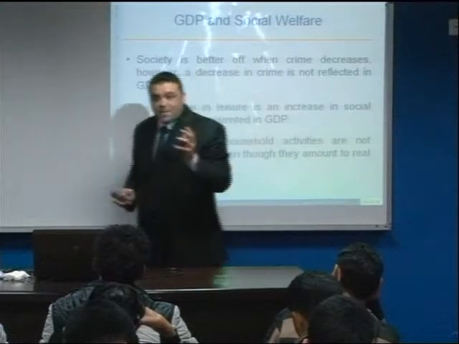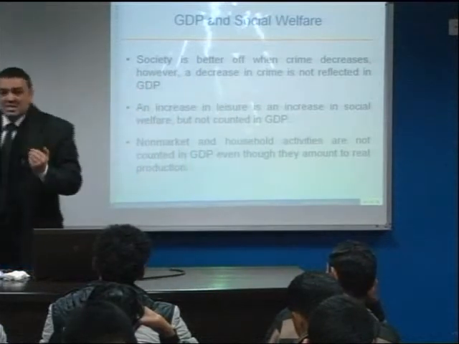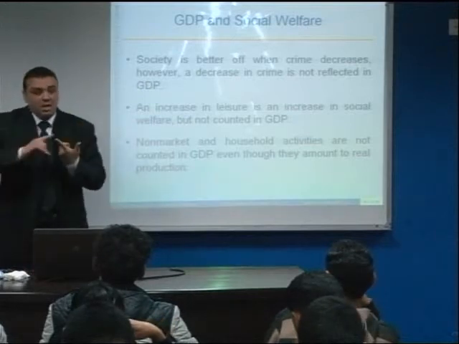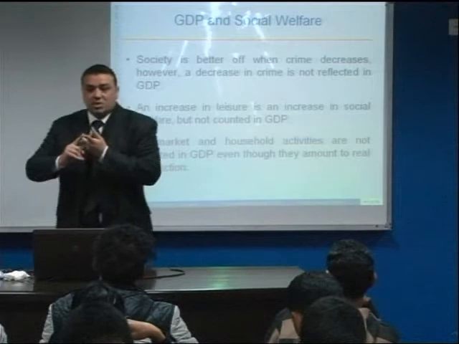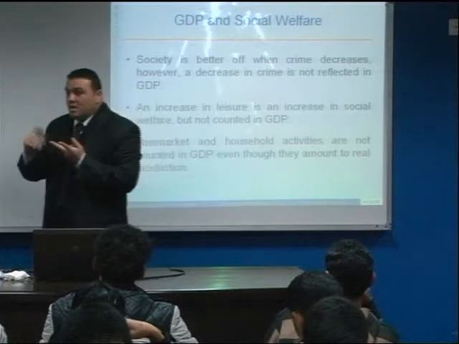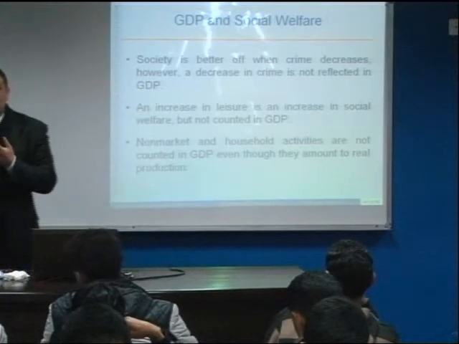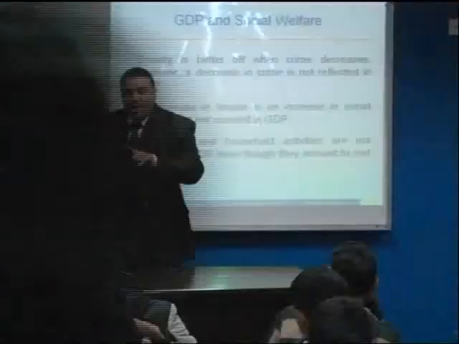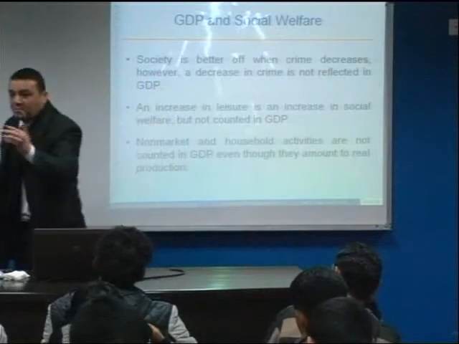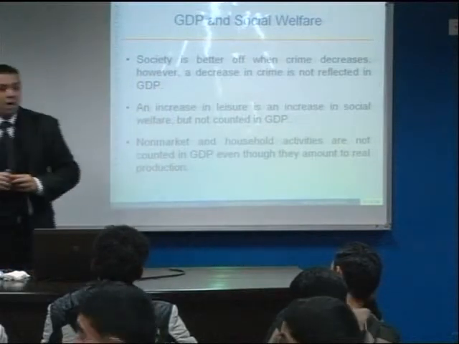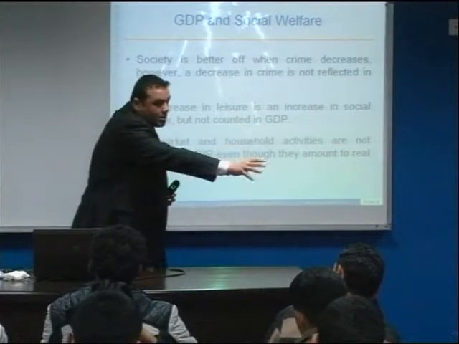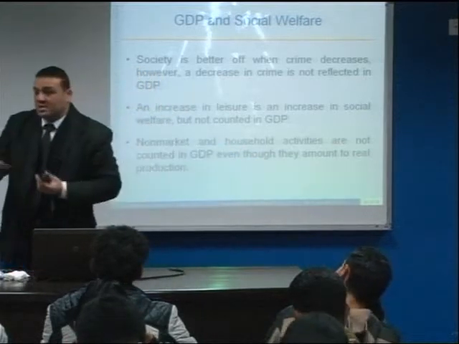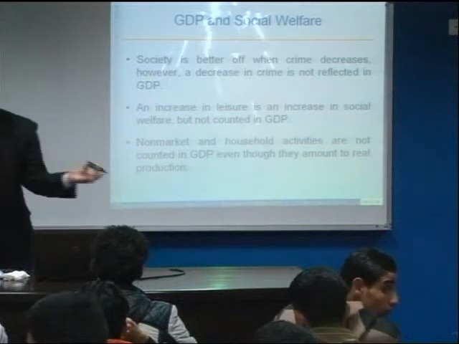So the GDP calculation has some problems. It ignores the impact of social welfare, and it ignores the distribution of this output. Sometimes maybe 70% of this output will go to a group of 10% of the community, so it doesn't talk about the distribution of income.